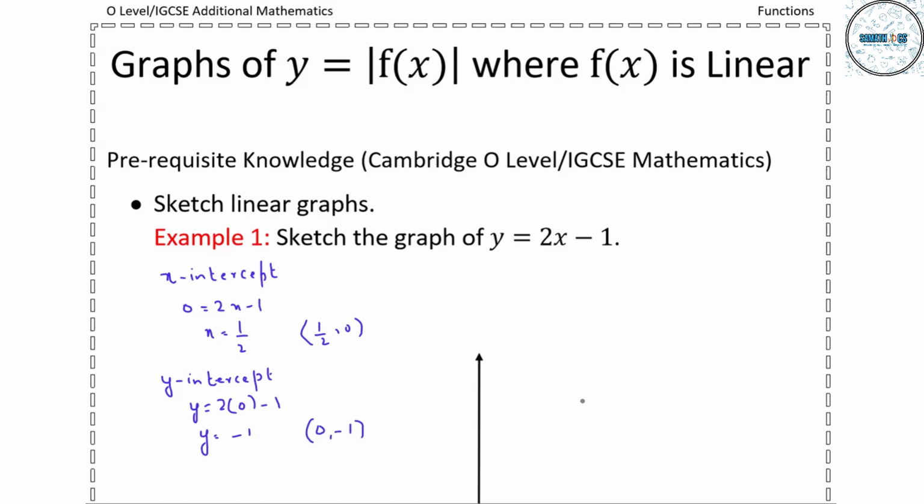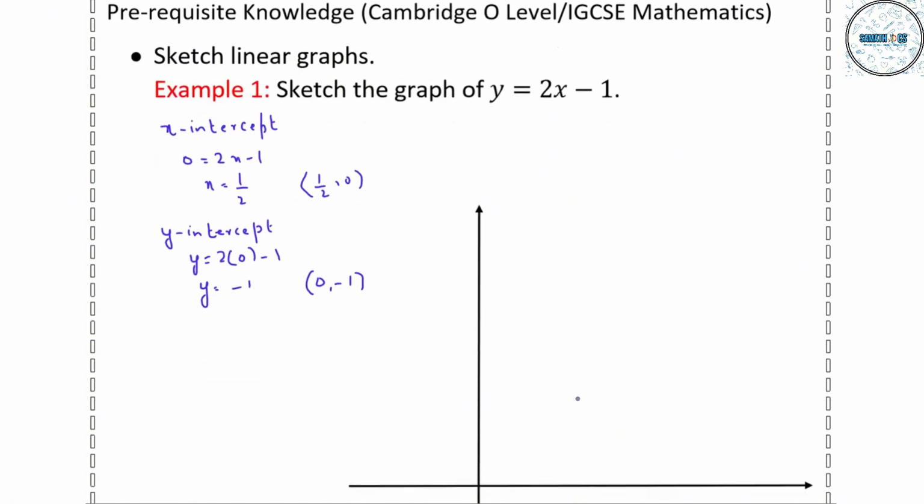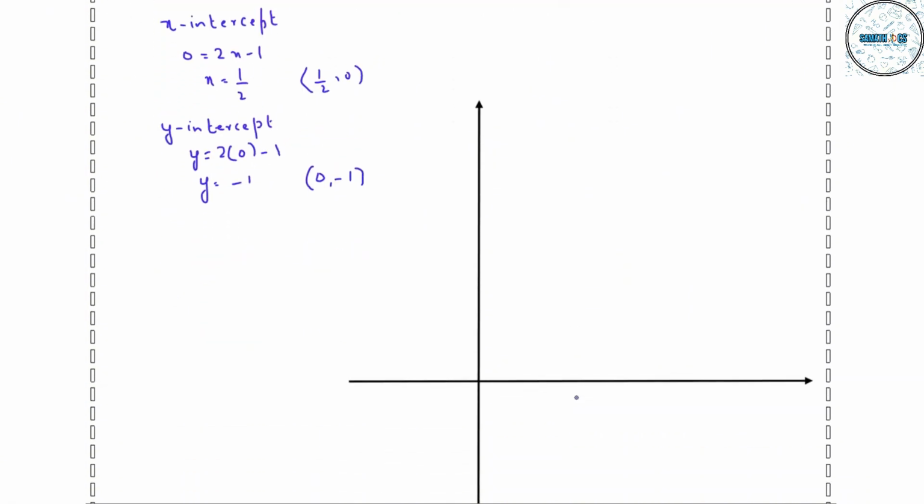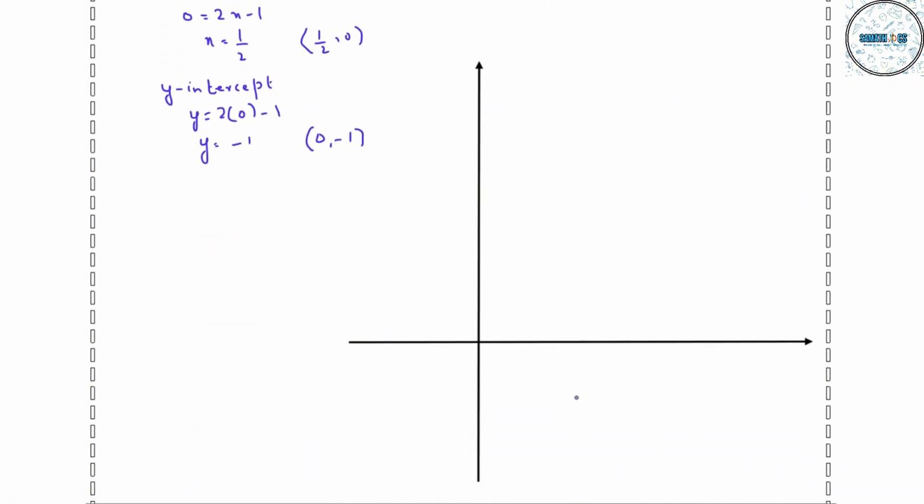We'll mark these points on the grid. We have here 1, 2, 3, and 4. Minus 1, minus 2, minus 3.